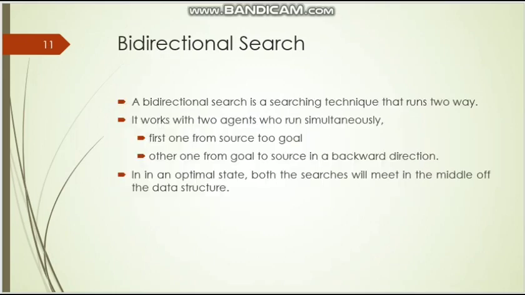Next one is the bidirectional search. In the bidirectional search, 2 agents are working. One agent starts from the starting node and another agent starts from the goal node.